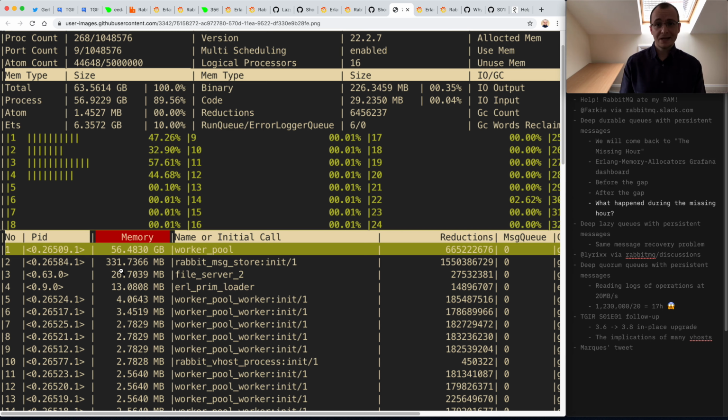It's 56 gigs large, it's crazy large, and then it has to go over it as a single process and give work to the workers in the pool. And in this case, that happens when a node restarts. So when we have durable queues, deep durable queues with a very big backlog, the worker pool on node startup is using a lot of memory to rebuild those queues.